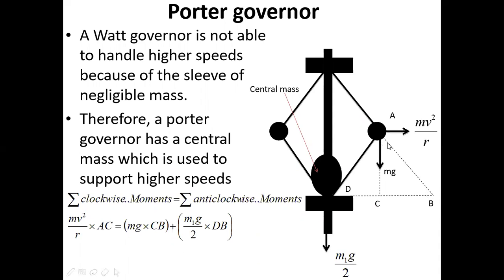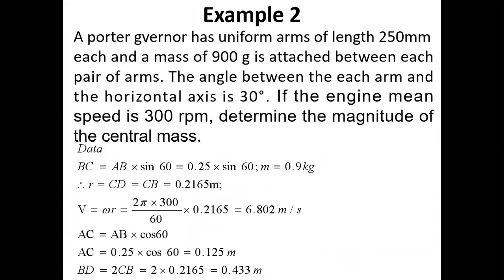So to get the other angle up there, we'll just subtract this from 90, and 90 minus 30 is 60. So that's how come we're using 60 there, AB sine 60. And of course, since AB is 0.25, we just substitute. And once we compute this, we get this one here, 0.2165.